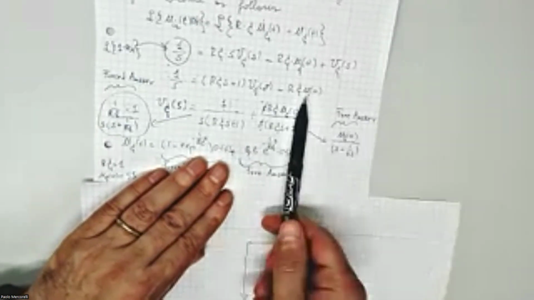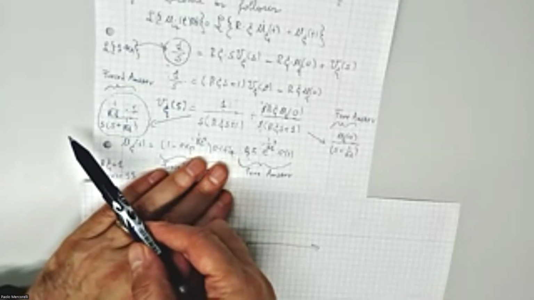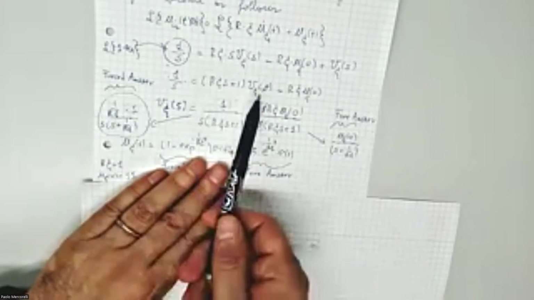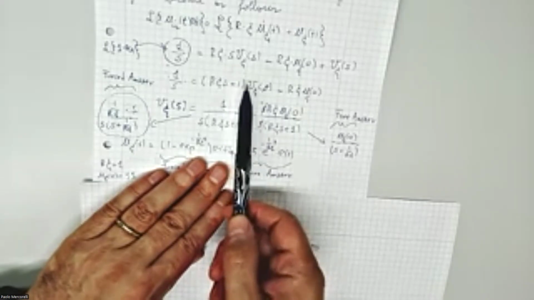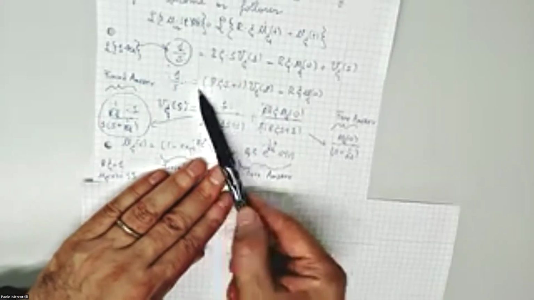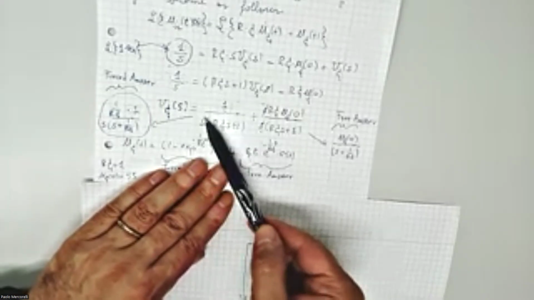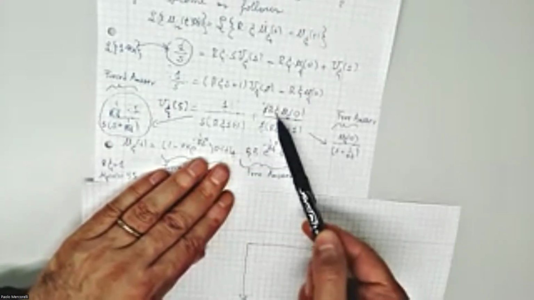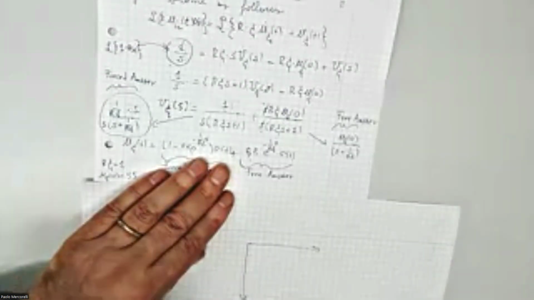I bring this on the left part, on the other part. The idea is to isolate UC of S. And then, in order to isolate UC of S, I have to divide everything by this one. And believe me, it's easy to see. We have 1 divided by S and divided by this, and then we have LC UC of 0 divided again by this denominator.